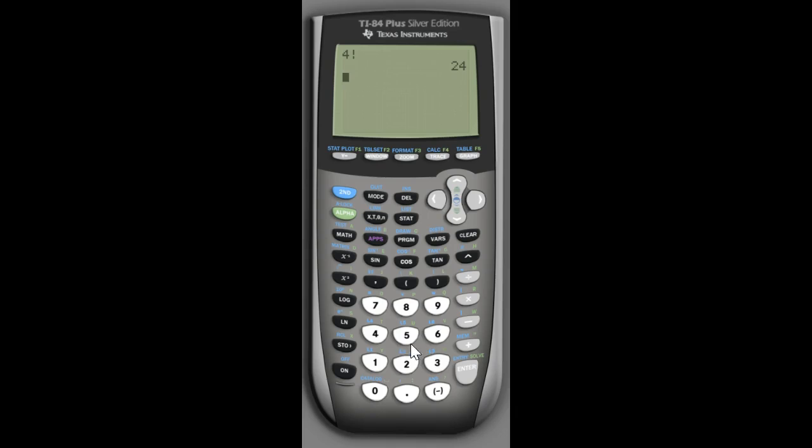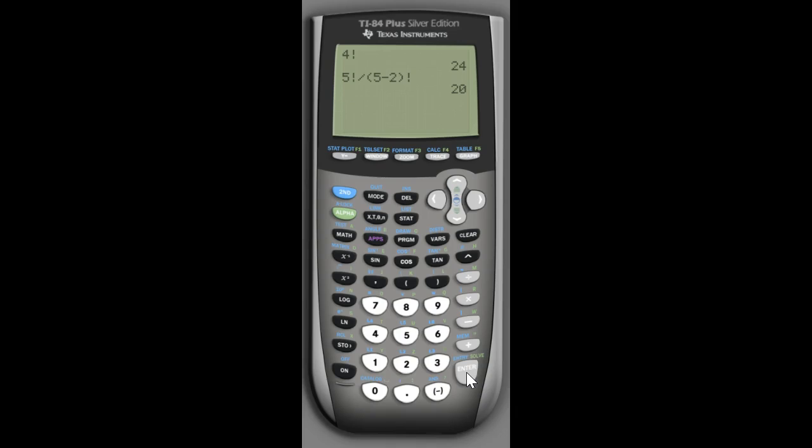So what I could have done is said, what's 5 factorial divided by 5 minus 2 factorial, and the calculator gave me that 20 that I got in my example of choosing 2 objects out of 5 and then putting them in order.